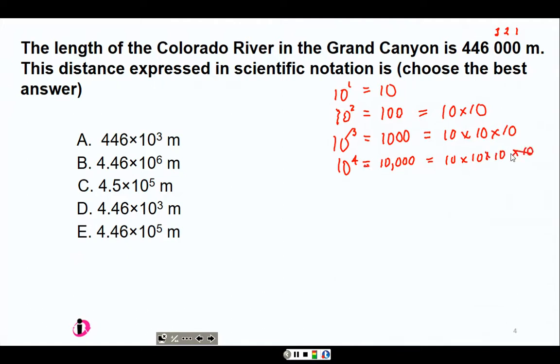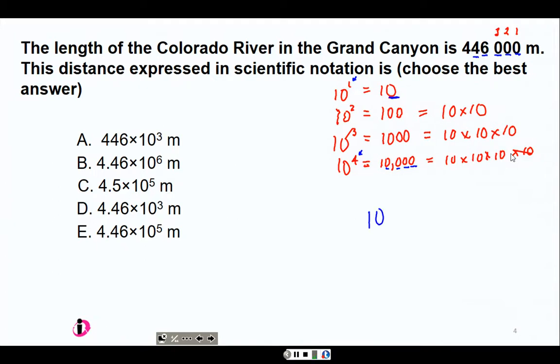Well, we're up to 446,000, so we haven't got far enough yet. Another way of thinking about this is the number of zeros after the 1. The number of zeros after the 1 is the same as the number in the exponent. So 10 to the fourth has 1, 2, 3, 4, or 4 places after the initial digit. This value here has 1, 2, 3, 4, 5 places after the initial digit.